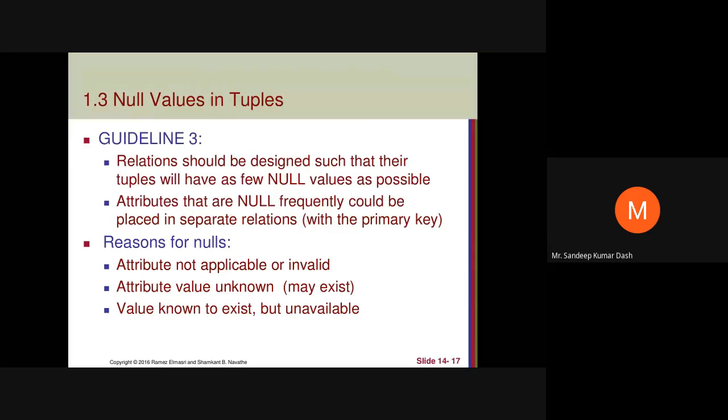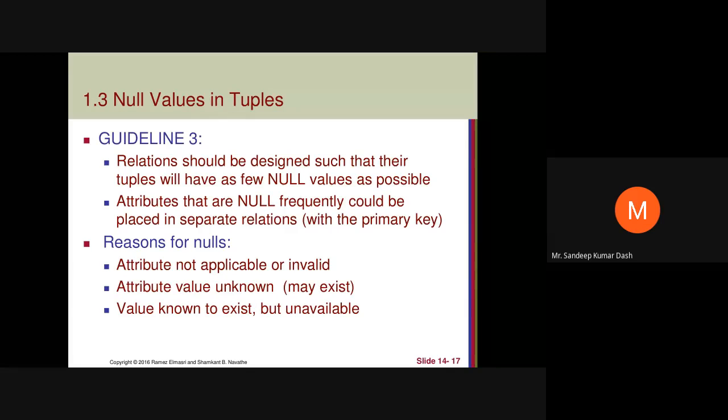Suppose the example, it's given in the book also: suppose the details about the employee are being kept in a foreign company, say an American company. One of the attributes in the employee table is visa status.